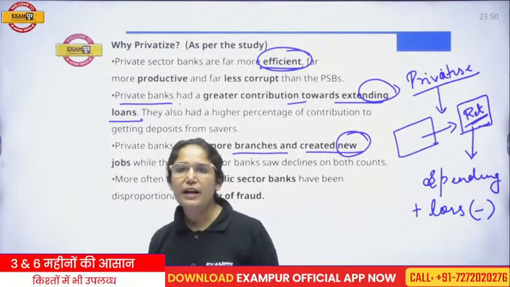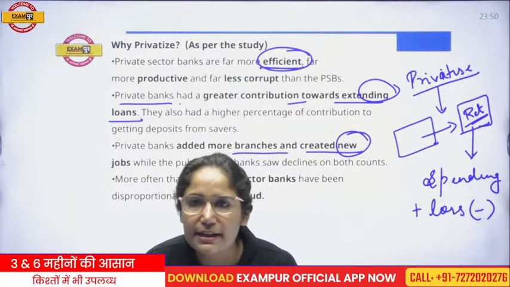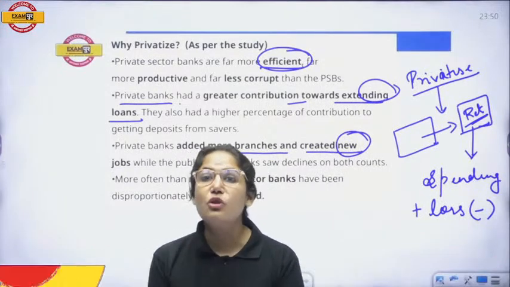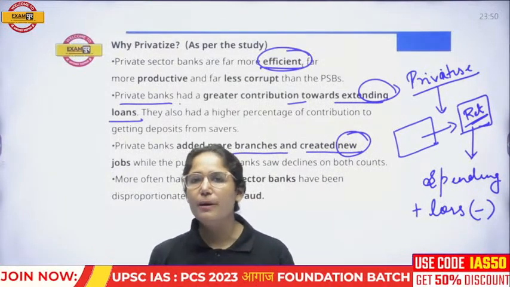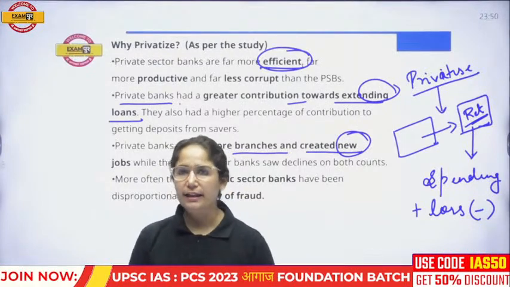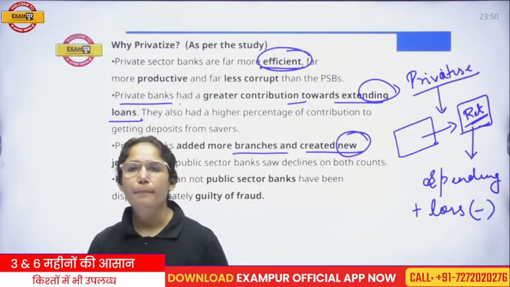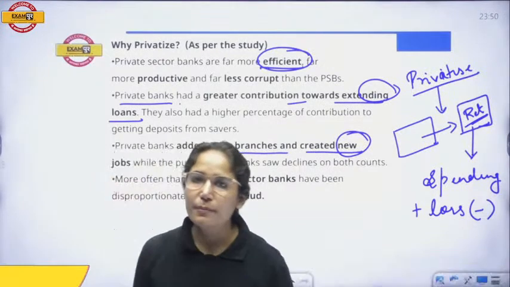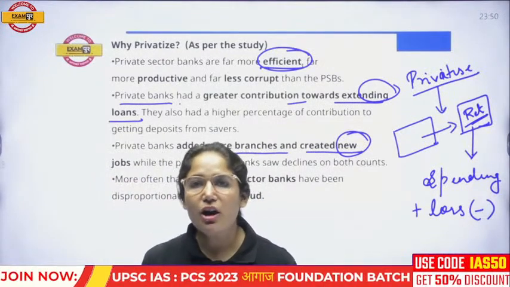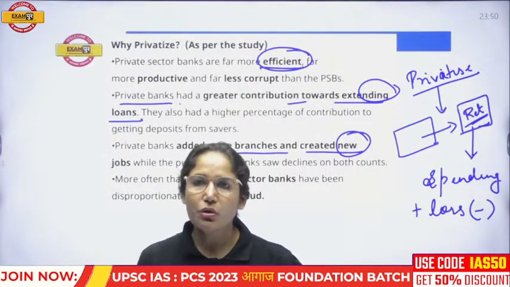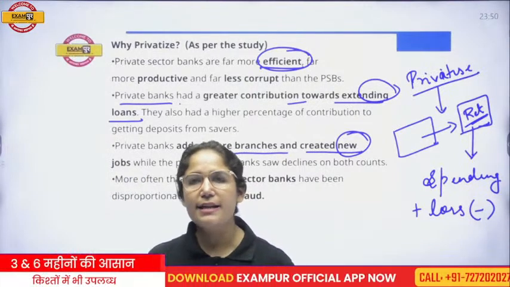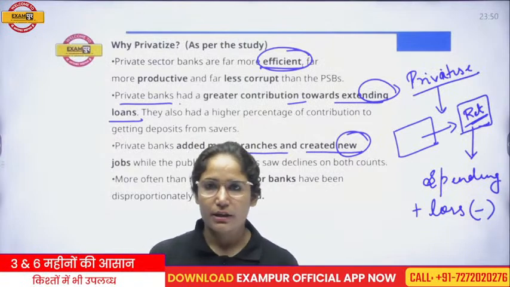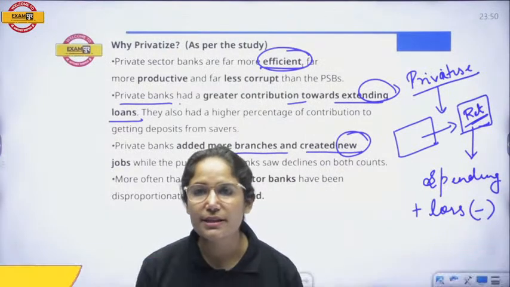Various delays you get to see in the case of public sectors. In the case of the number of branches, the private sector is huge in comparison to the PSBs. And if there are more branches, you get to see a lot of employment opportunities. So this would be considered the preferable option in comparison to PSBs.